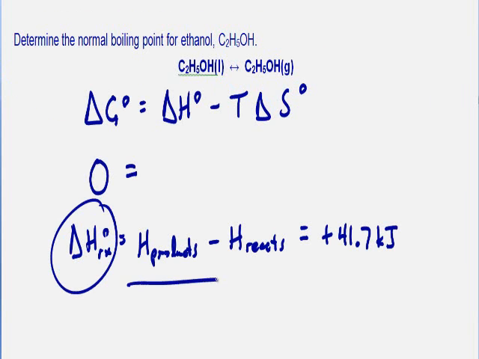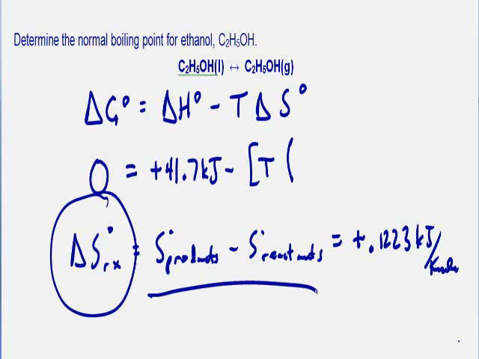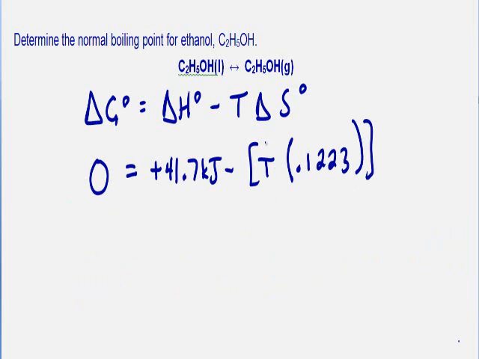We can calculate our delta H using products minus reactants. We get a positive 41.7 kilojoules. Likewise, we can find our delta S, or entropy of a reaction, also doing products minus reactants. We get a positive 0.1223 kilojoules per Kelvin mole.